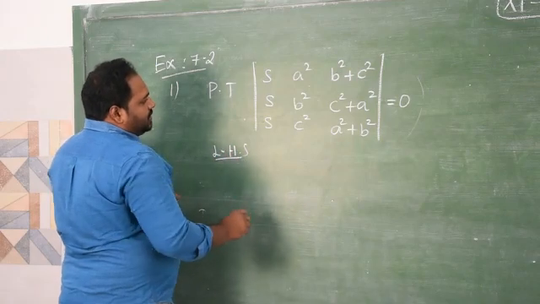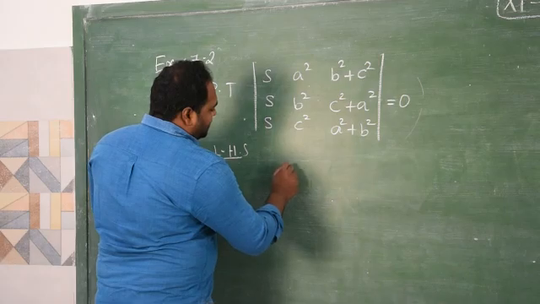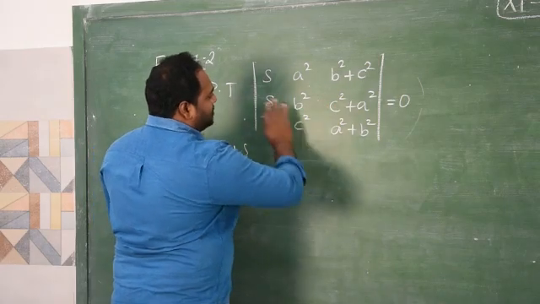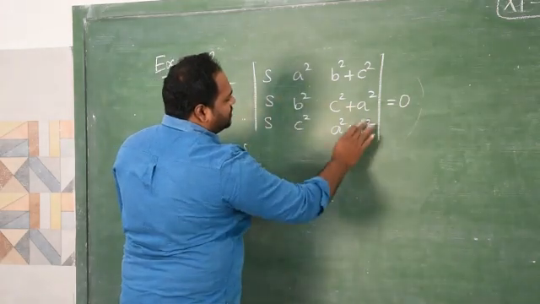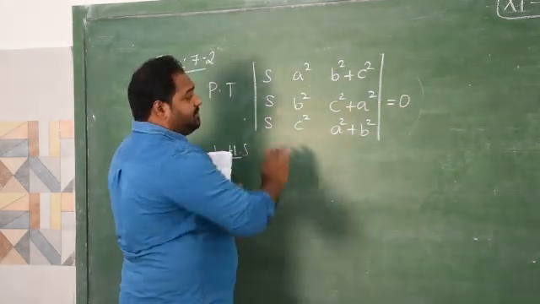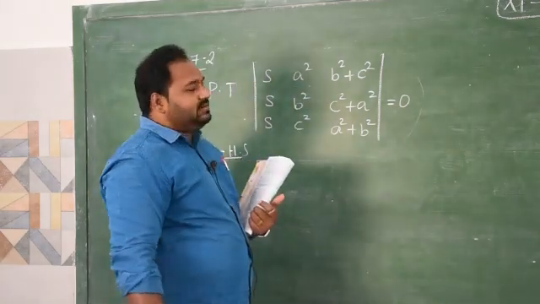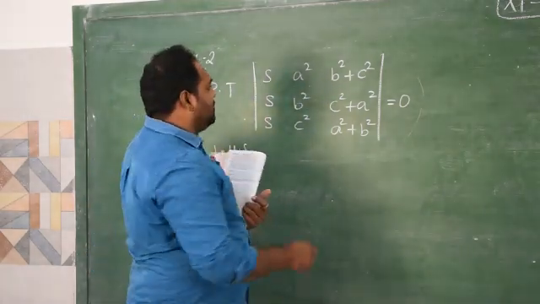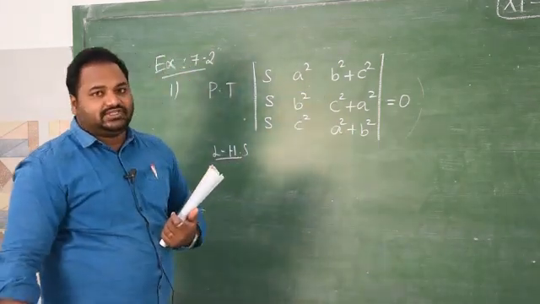Before that, I am going to do something in the rows to make it 0. So I am going to show this answer, I am going to bring the determinant value to 0. I am going to do whatever needed to make this determinant become 0.